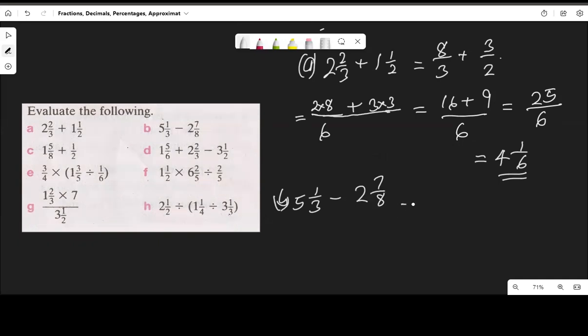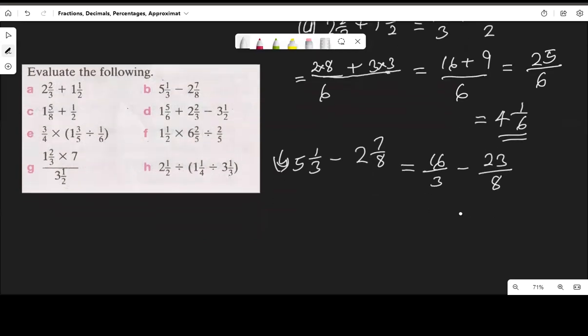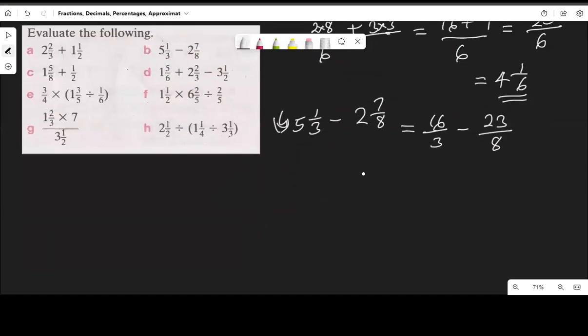Converting these mixed numbers to improper fractions: 5 times 3 is 15, 15 plus 1 is 16, so 16 over 3 minus 2 times 8 is 16, 16 plus 7 is 23, 23 over 8. Again, these fractions have different denominators, so we need the LCM. The LCM of 3 and 8 is 24.